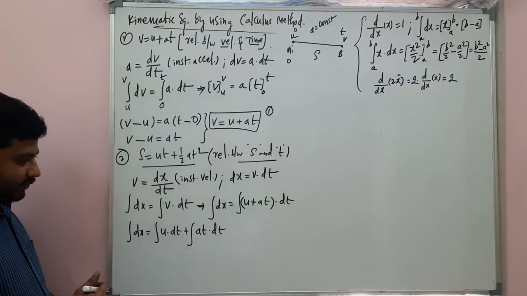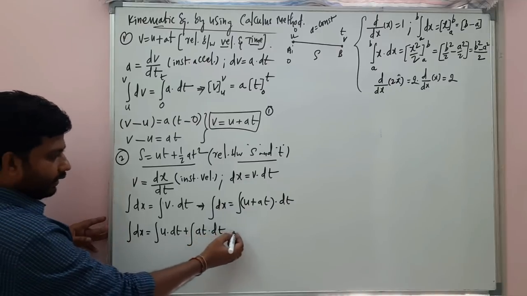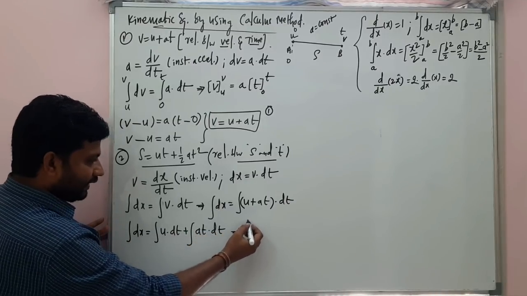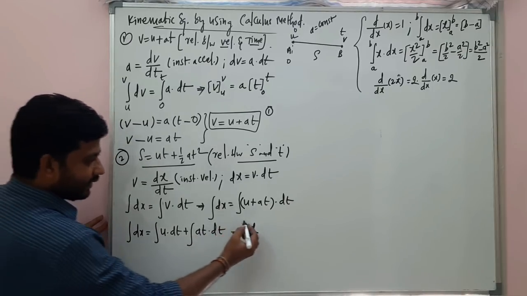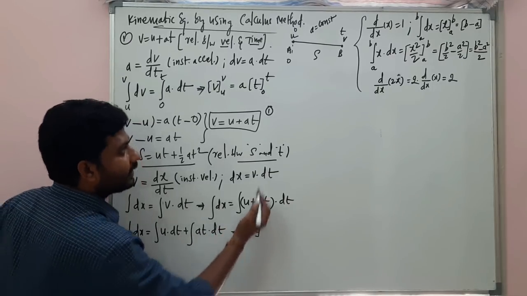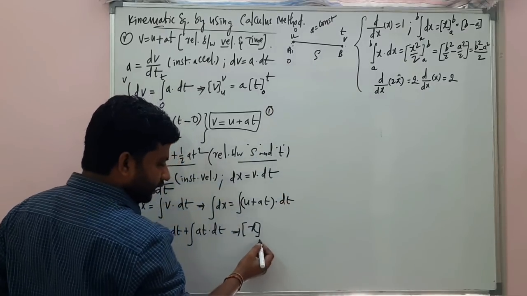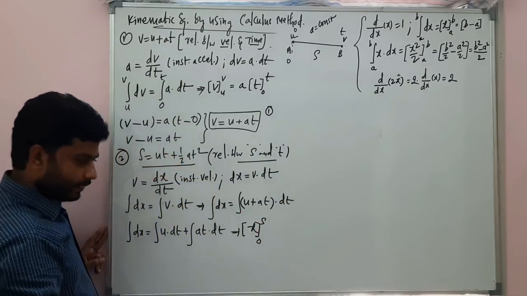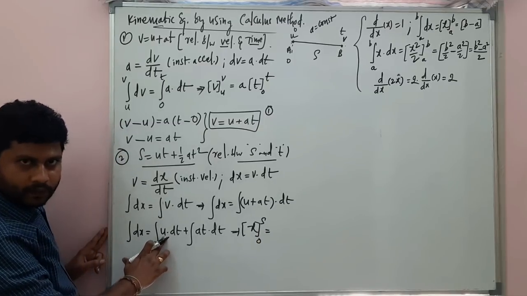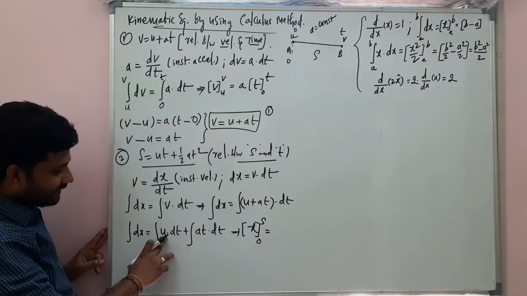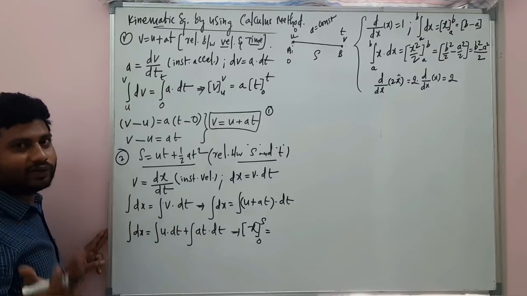Alright. Now here, integral dx, I can write it as x, and the limits of that displacement are 0 to s, which is equal to u. Initial velocity is constant, you cannot change anything.